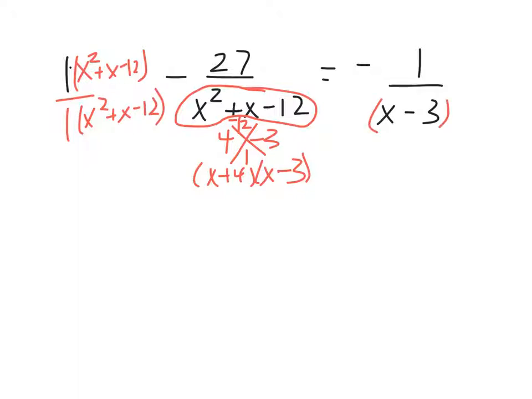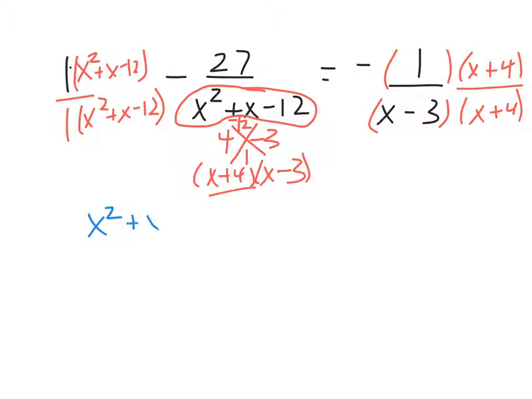Then over here, I need to multiply by x plus 4. Don't forget that negative that's out front. So if I copy down my work, I get x squared plus x minus 12 minus 27 equals the opposite of x plus 4. So to save some time, let's combine like terms.